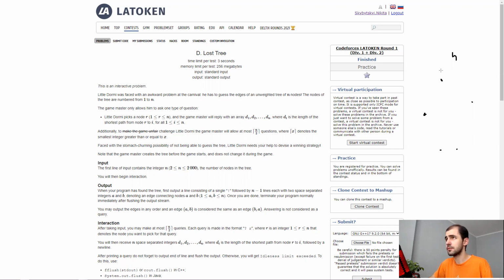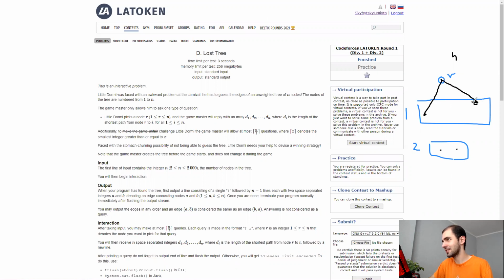In general, if you were to ask about, let's say, this vertex, call it root, and I tell you the distance to this vertex is 1, and the distance to these two vertices is 2. You are fairly confident that these edges are in the tree. Then you have no idea whether this is connected like this, like that.